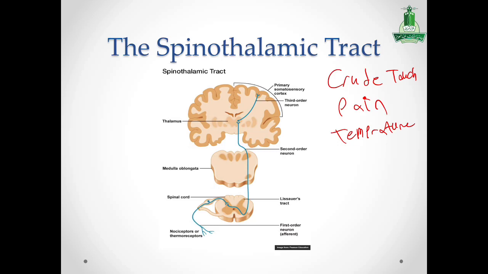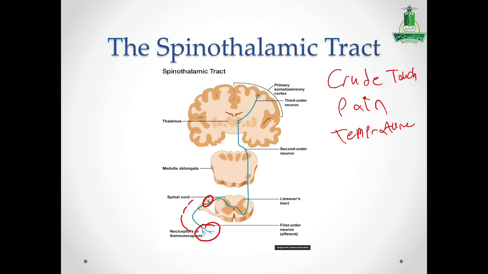The anatomy of the spinothalamic tract goes like this. The first order neuron is at the level of the skin, then it ascends, goes through the dorsal root ganglia the same way as the dorsal column tract.